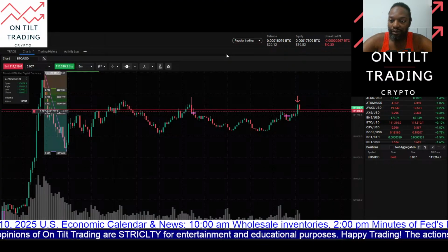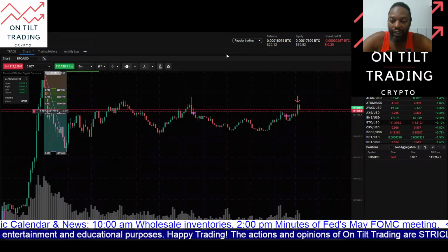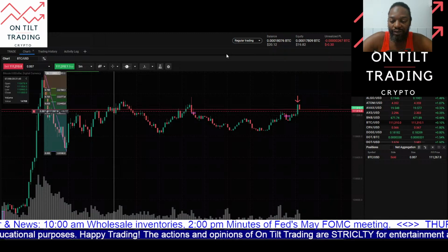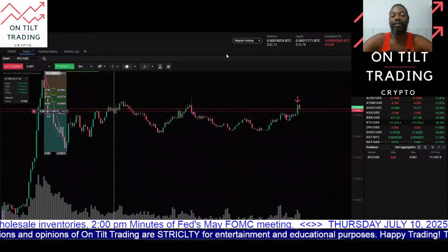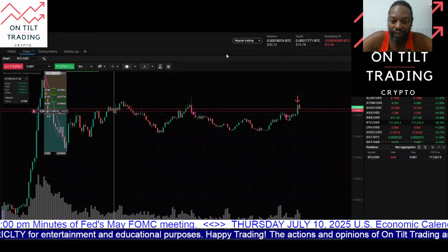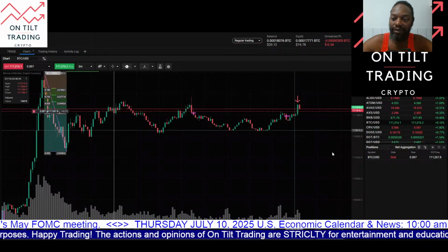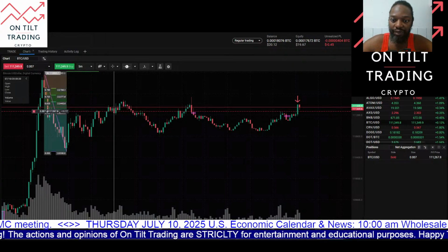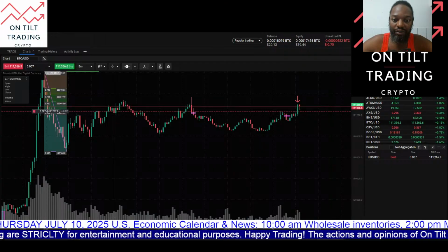What would be ideal in this scenario would be for either this candle or a combination of this candle and the following candle to engulf this previous 5-minute candle that was delivered to the buy side. That would be ideal. And if that were to happen, I would anticipate all this liquidity here.